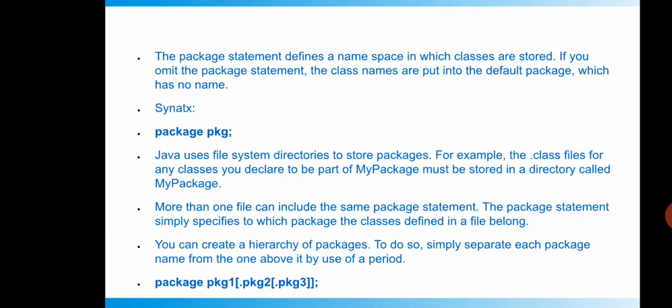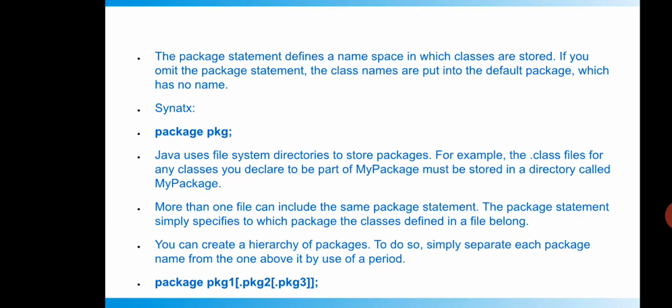Now you can create a hierarchy of packages. To do so, simply separate each package name from the one above it by use of a period, the dot symbol. The syntax is package pkg1.pkg2.pkg3.